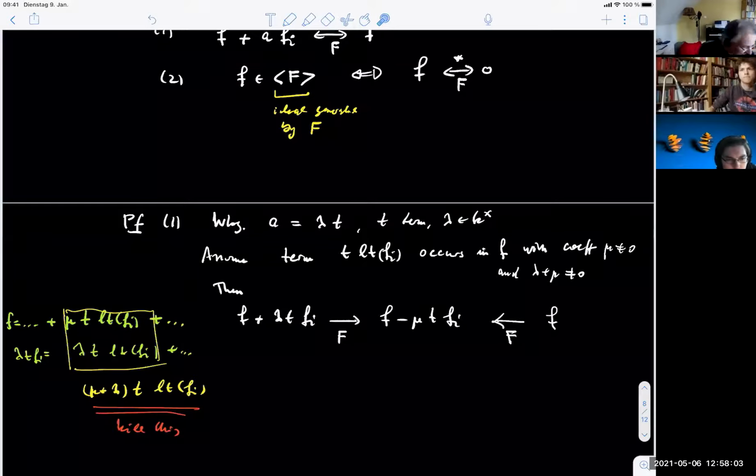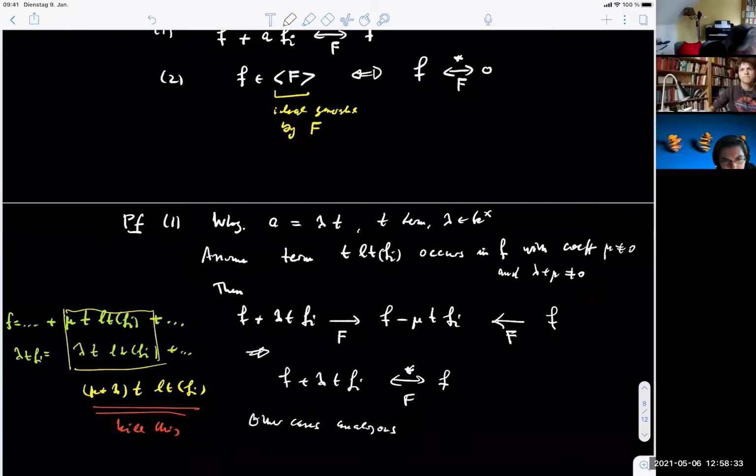So what we have seen in this case is the equivalence: f plus lambda t fi is equivalent to f. But you see, I needed to go in the backward direction. The other case is analogous, very similar. There's no point; it was the most interesting case. So this is the proof of the first claim.